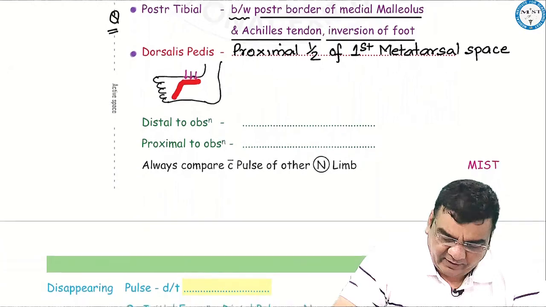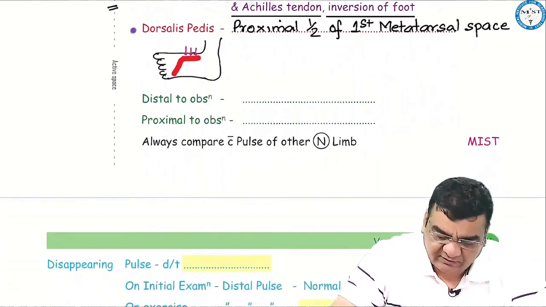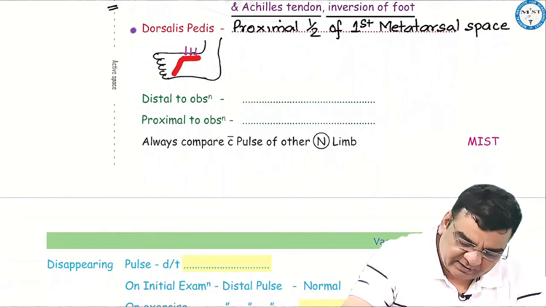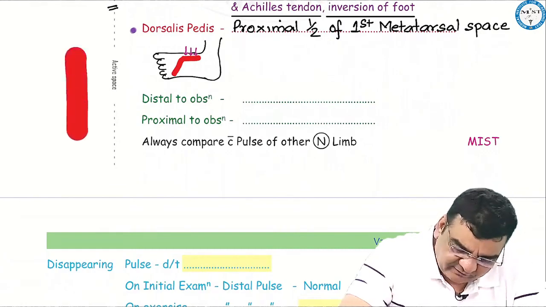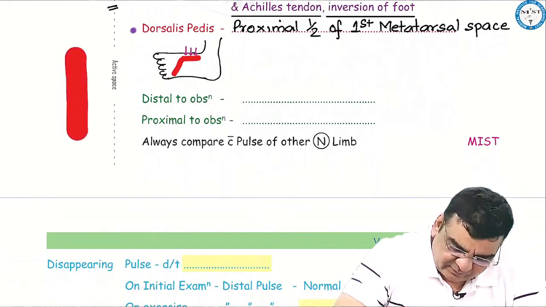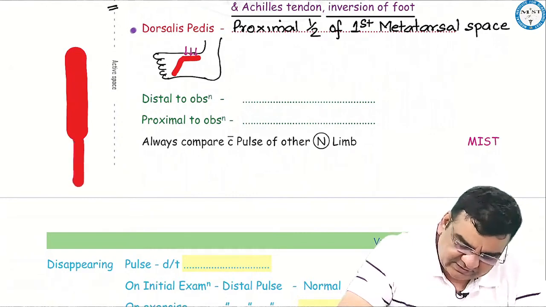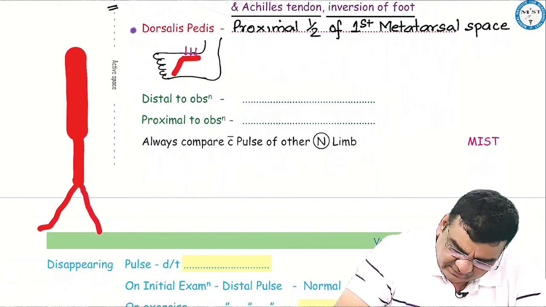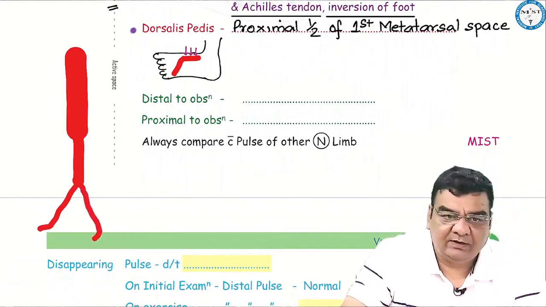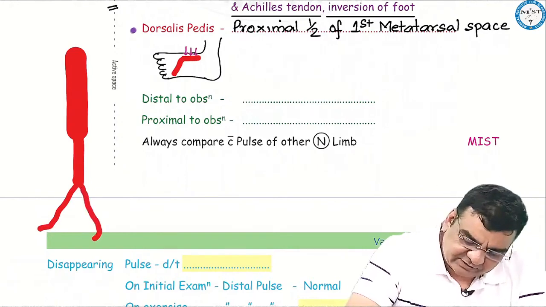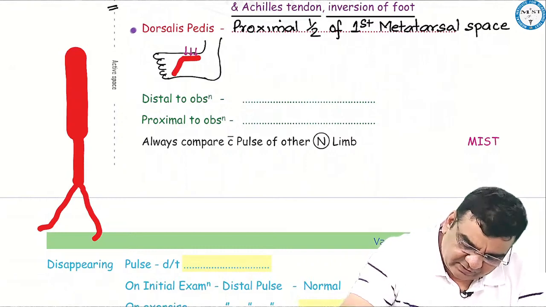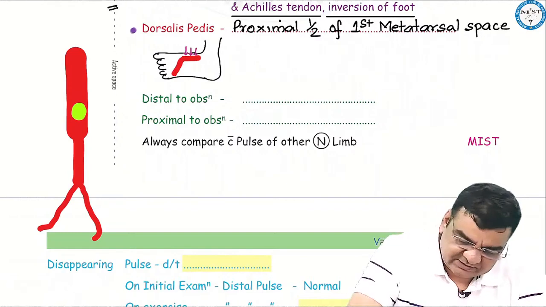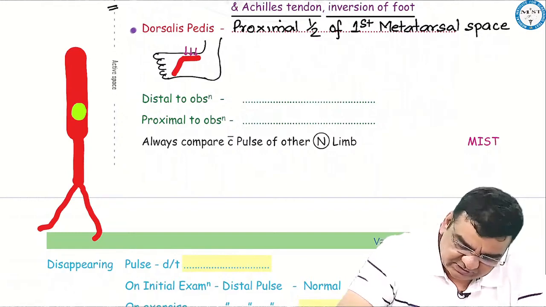Now, in arterial obstructions, beta, when there is a traffic jam in the artery, once again let me remind you, if this is the femoral, this is the popliteal, and these are anterior and posterior tibial, then if there is a traffic jam in this particular area, what will be the nature of pulses distal to the obstruction?